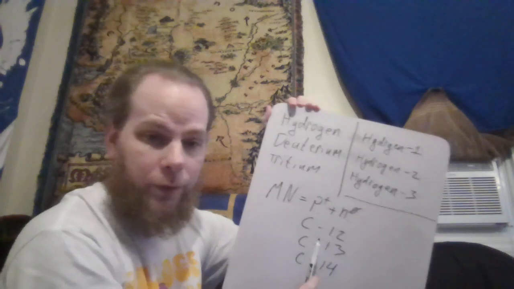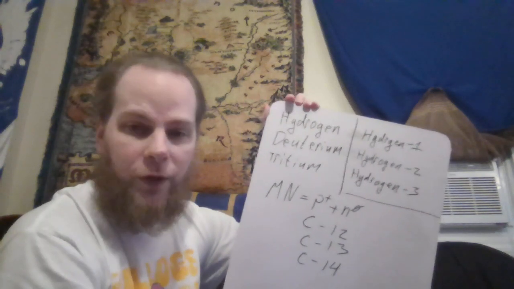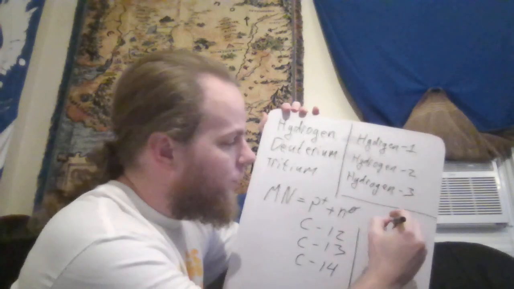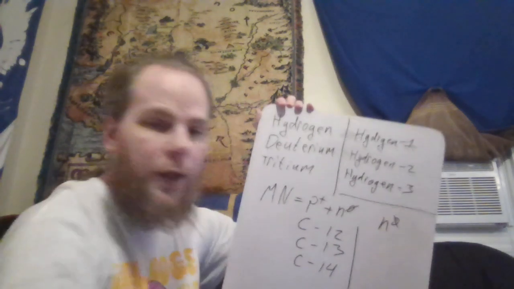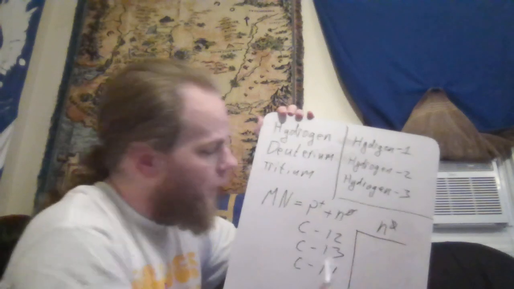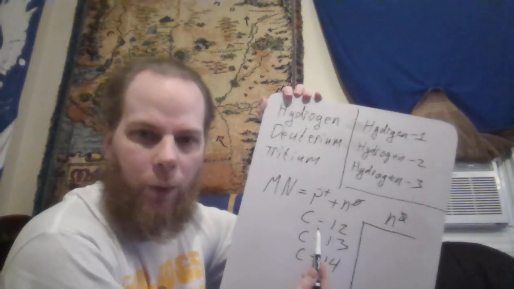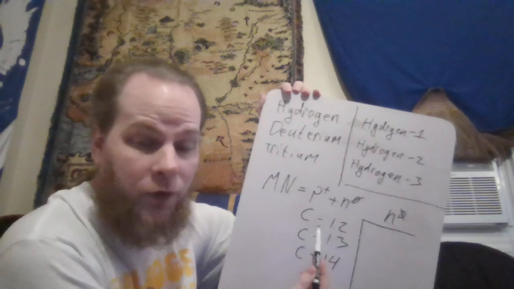So in carbon-12, the mass number is 12. Well, how many neutrons does it have then? That's the question we usually want to know, is how many neutrons. Well, if it's carbon, how many protons does it have? It has to have 6.